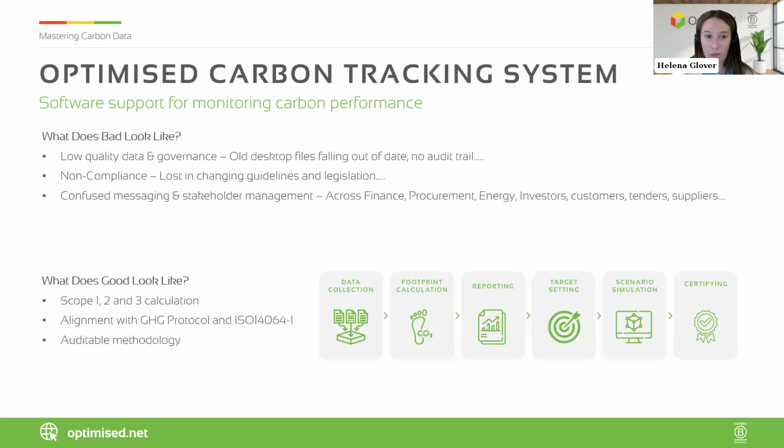So Optimised Carbon Tracking System, the main functionality of it is that it really easily allows you to track your scope 1, 2, and 3 emissions. And the scope 3 emissions there, the value chain emissions, is where the software platform really shines, because through this software, we have access to a wide variety of different emission factor databases. And through that, access to tens of thousands of different life cycle analyses.